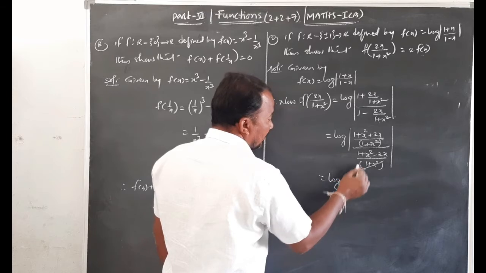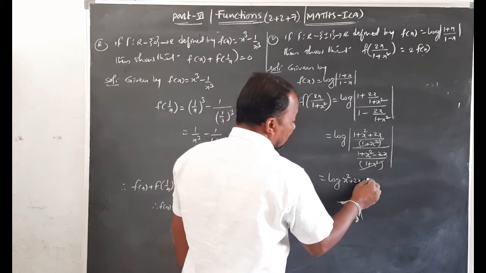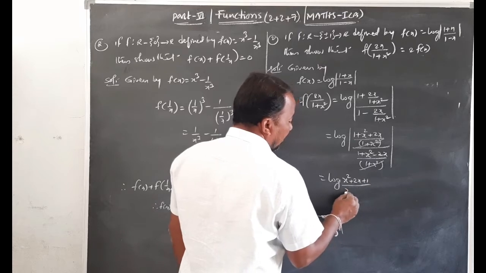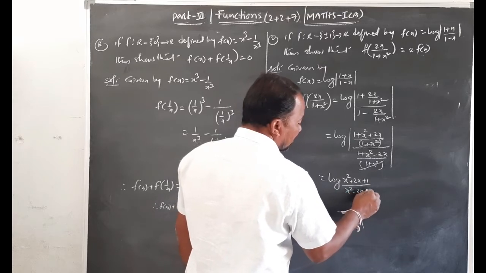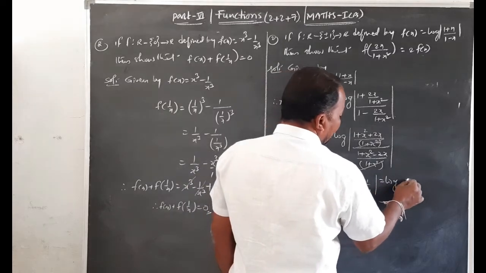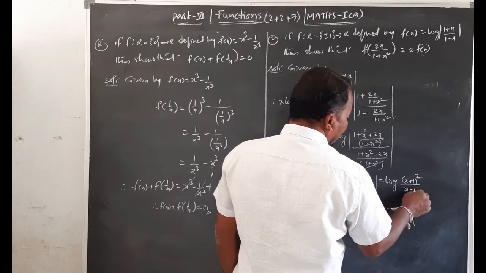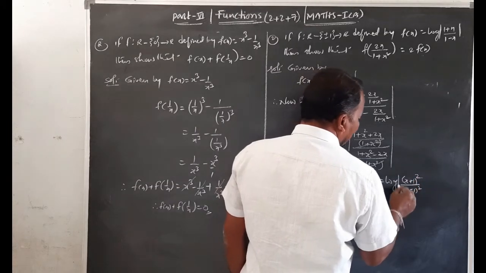Log of (x square plus 2x plus 1) by (x square minus 2x plus 1), which is log of (x plus 1) whole square by (x minus 1) whole square.